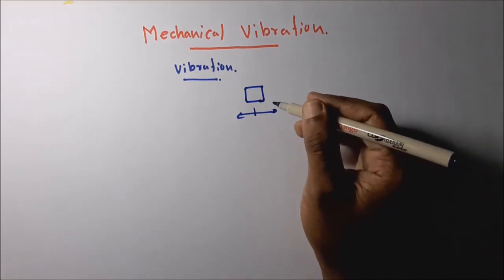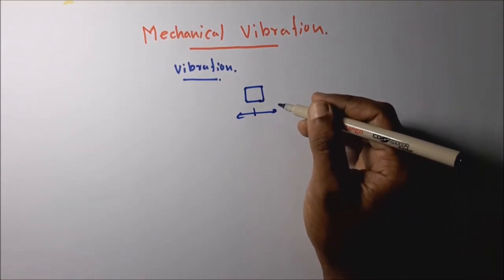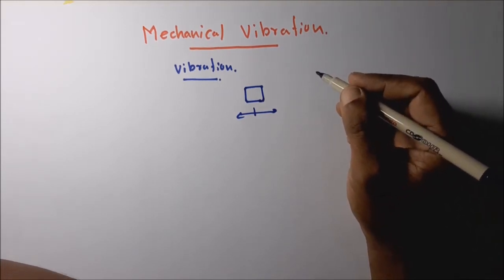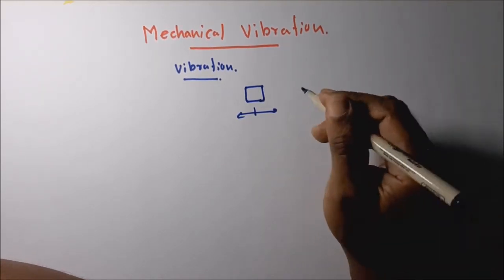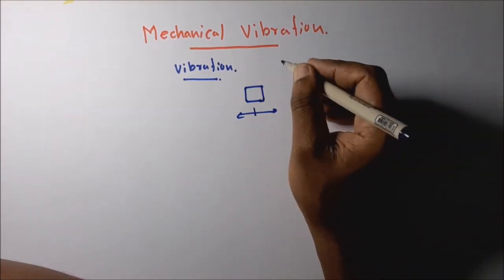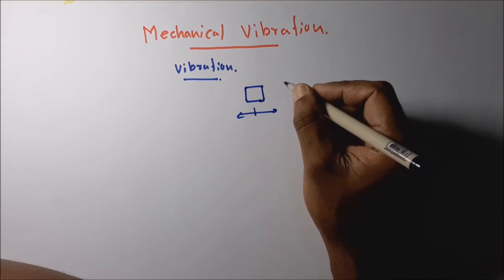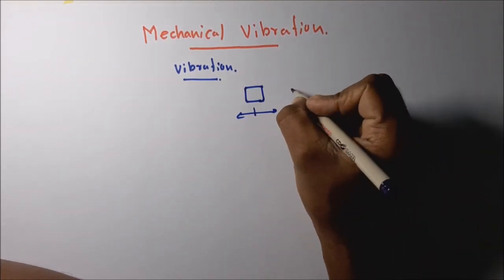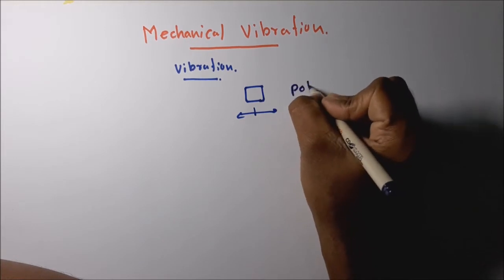To produce mechanical vibration there should be a stiffness and a mass. Mechanical vibration is generated due to the energy transfer between potential energy and kinetic energy.